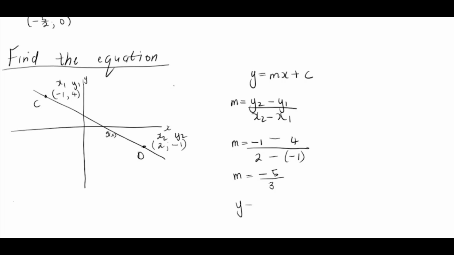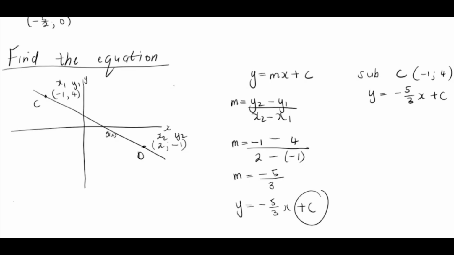We substitute our gradient in our equation. y is now equal to negative 5 over 3 x plus c. To find the value of c, we can substitute any point on the graph, C or D in our case. Let's substitute C. Let's fill in our values. 4 is equal to negative 5 over 3 multiplied by negative 1 plus c.